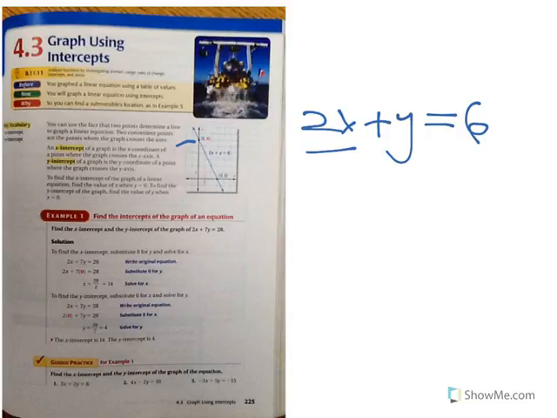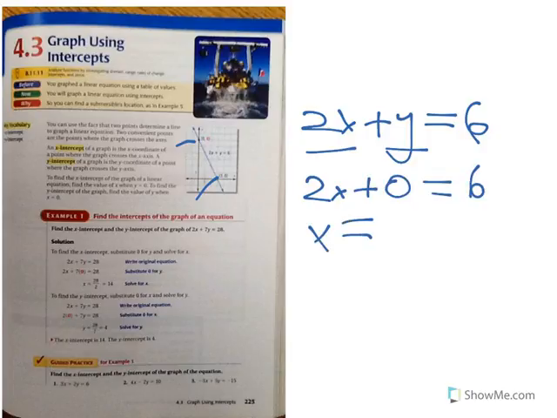So that's actually the y-intercept. And then over here, when they plug it in when y is equal to 0, it's where it crosses the x-axis, and there you have 2x is equal to 6. And then when you do that, you end up with x being equal to 3.